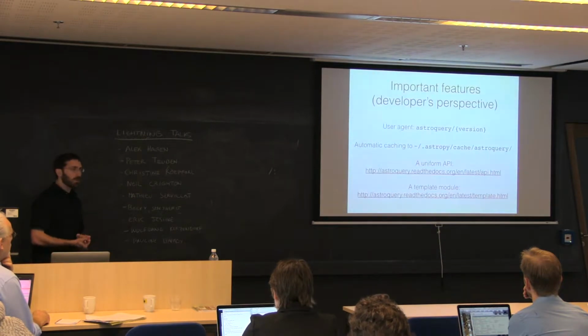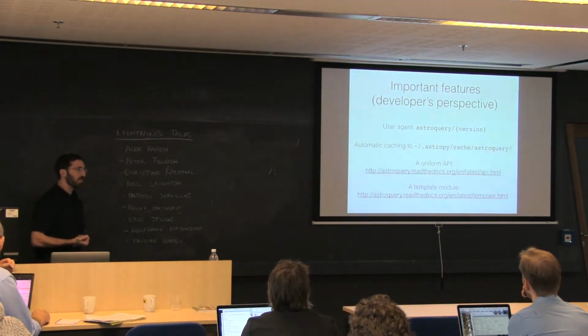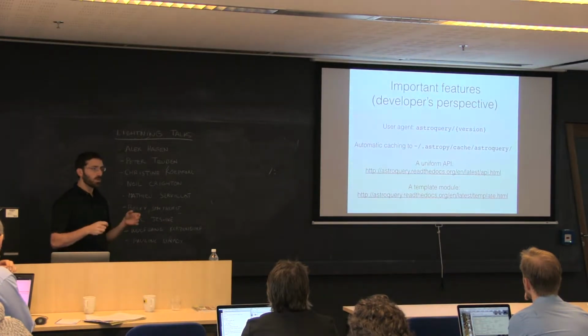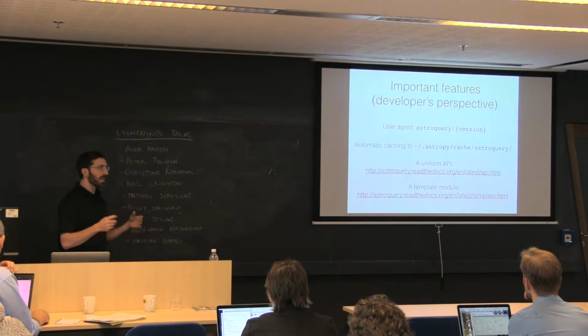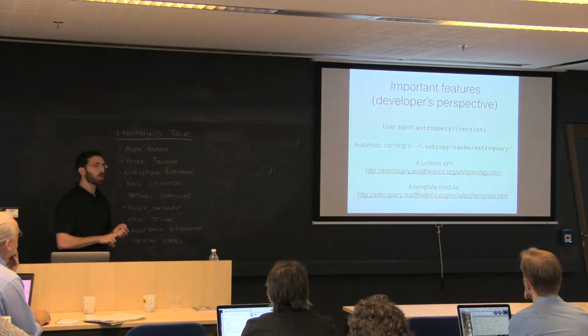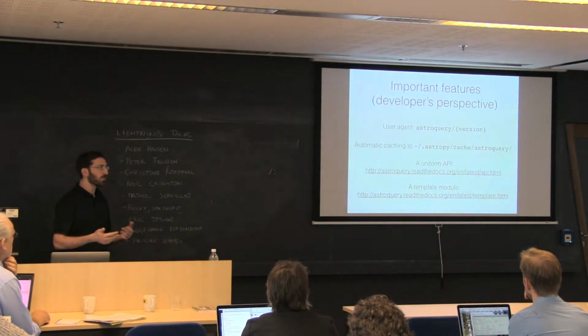So some of the important features, partly from a developer's perspective or from the perspective of people hosting these services. First off, we have a user agent now. If you're unfamiliar with that, whenever you do anything on the internet, you click a link, some information is sent from your computer. It includes your operating system. The user agent usually means your web browser, so Firefox, Chrome, whatever, and a few other pieces of metadata go through.